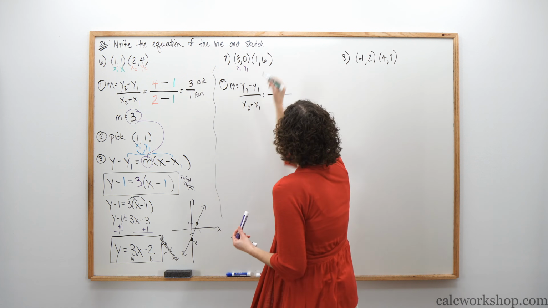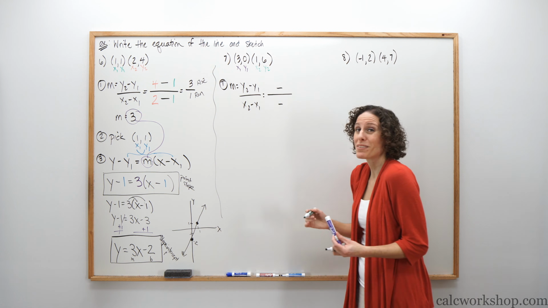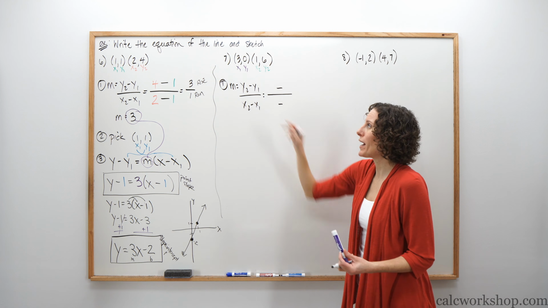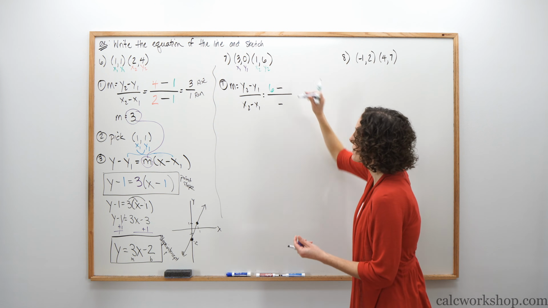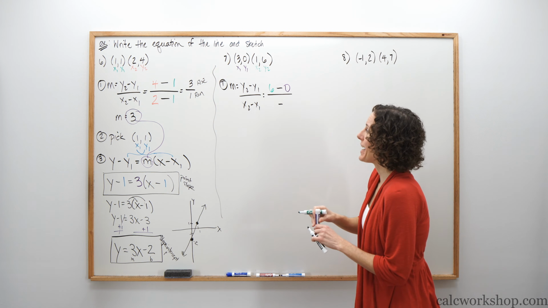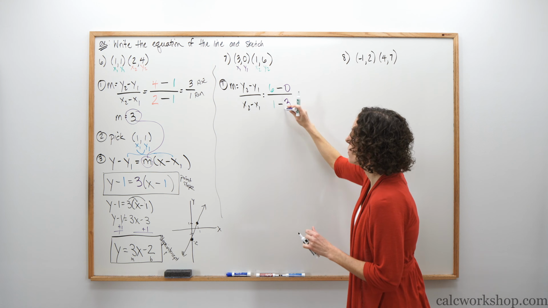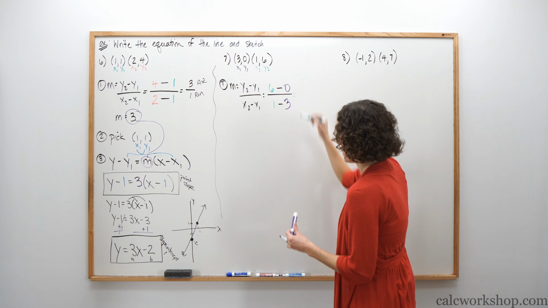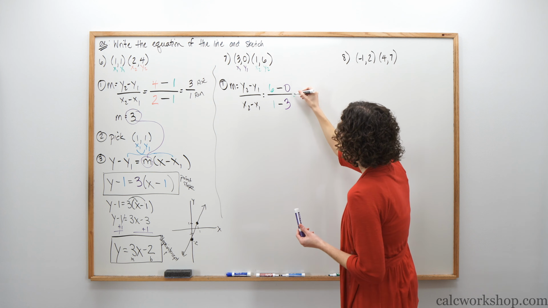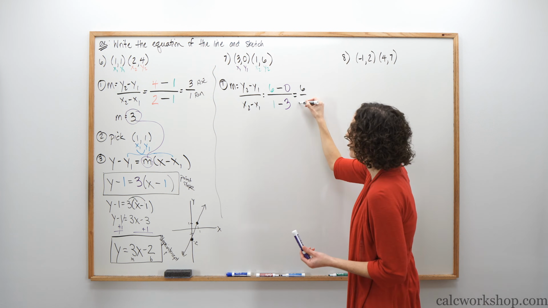And our second point will be x2 and y2 because it becomes second. So now we're going to plug in y2 minus y1. y2 is 6, y1 is 0. And then x2 is 1, and x1 is 3. Our job now, simplify. 6 minus 0 is 6, and 1 minus 3 will equal negative 2.